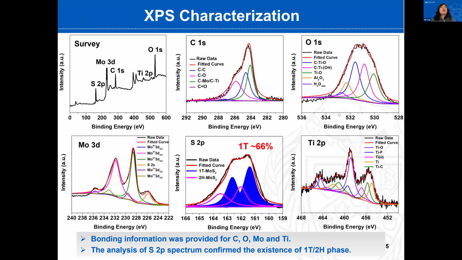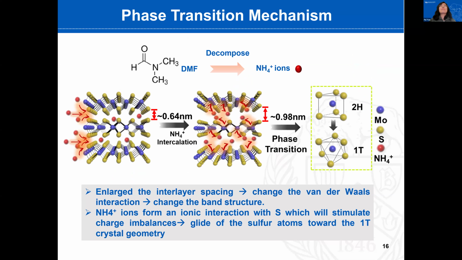All right, the presence of the 1T phase has also been found in the XPS measurement. Let me simplify this slide by highlighting the S2p spectrum, where we found that the 1T phase ratio is around 66%. So what is the mechanism for the phase transition? When we have the DMF in the solution, during the hydrothermal reaction it will decompose to form ammonium ions.